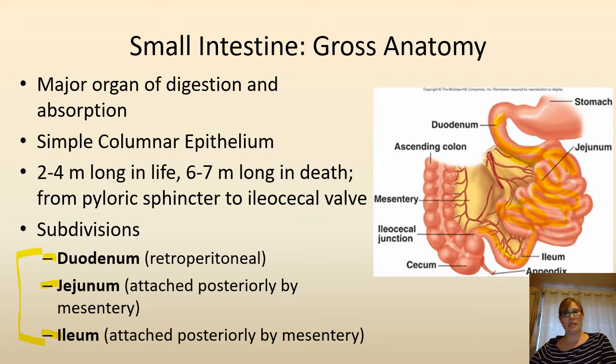And at the end of the ileum, there is a valve right here, known as the ileocecal valve. They have ileocecal junction here. My shirt is all crooked. Sorry. Okay. So the ileocecal junction or ileocecal valve.